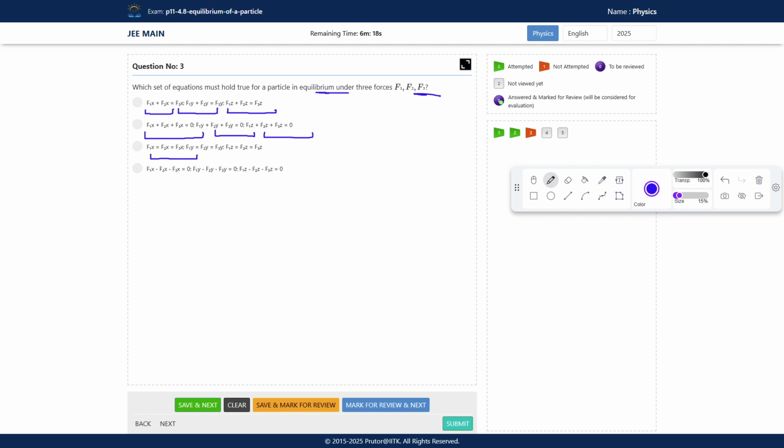A, B, C, D, which one is correct? The algebraic sum of the components of all forces along each axis, x, y and z axis, must be individually equal to 0 for equilibrium. So this one.